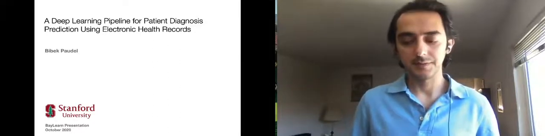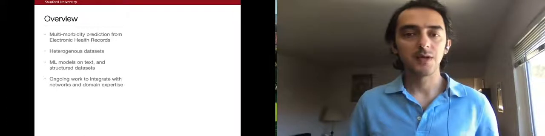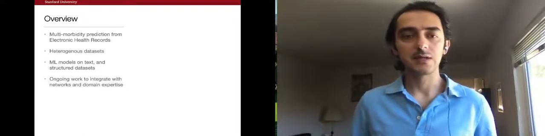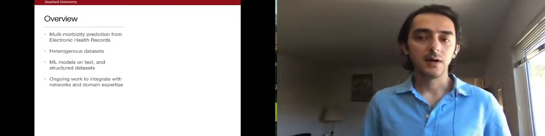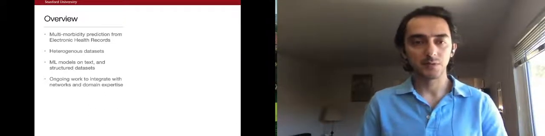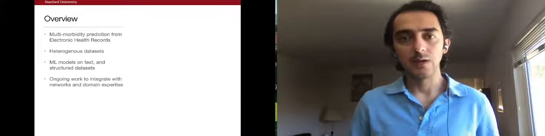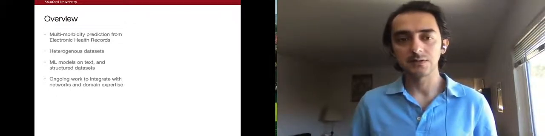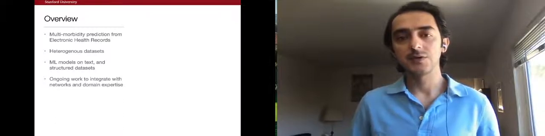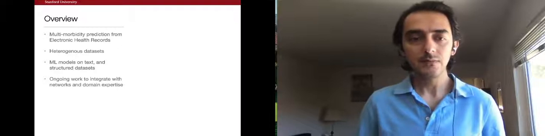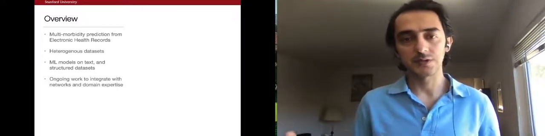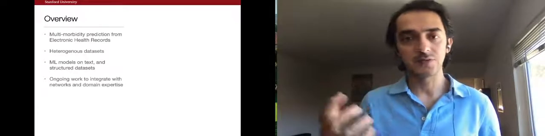So to give a brief overview of what I'm going to present over the next 5 minutes, our work deals with the problem of multimorbidity, and we aim at predicting these multimorbid conditions using heterogeneous data sets in electronic health records. These data sets come from different sources and they belong to different formats.